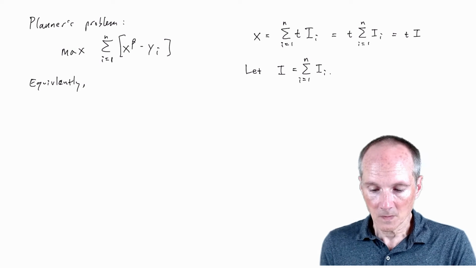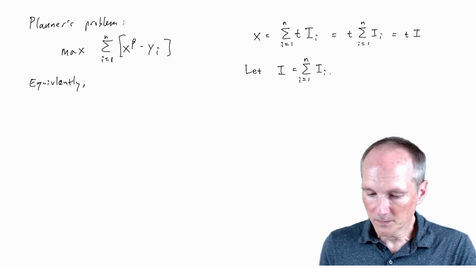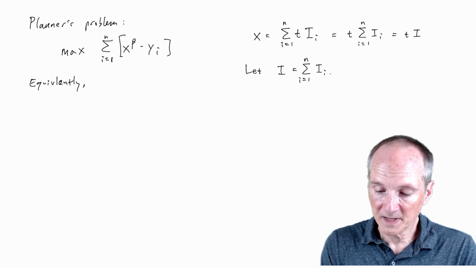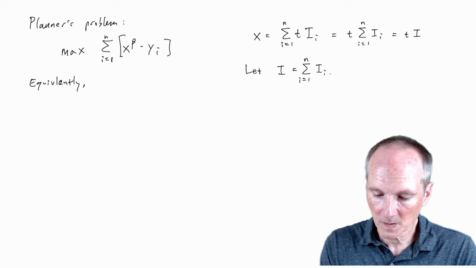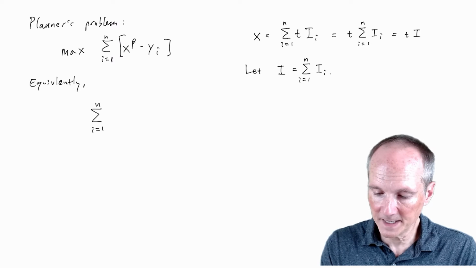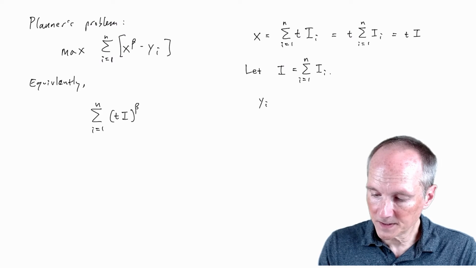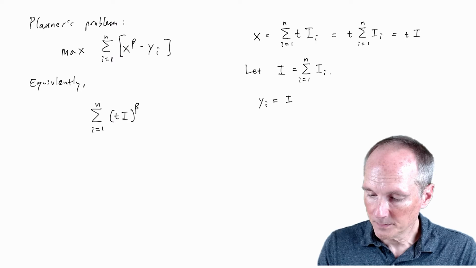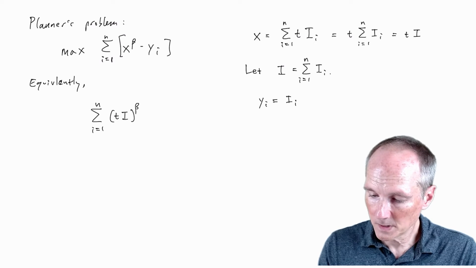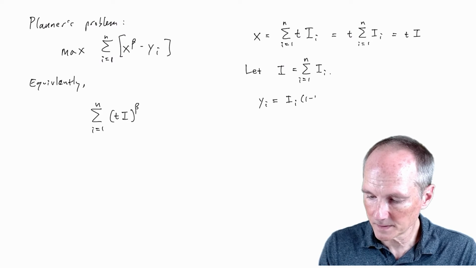All right. Now, so where were we? So if the planner wants to maximize the sum of x raised to the beta, well, we know what x is. It's the tax rate times the total income of the group. And remember, y_i is just the income of person i times 1 minus the tax rate.